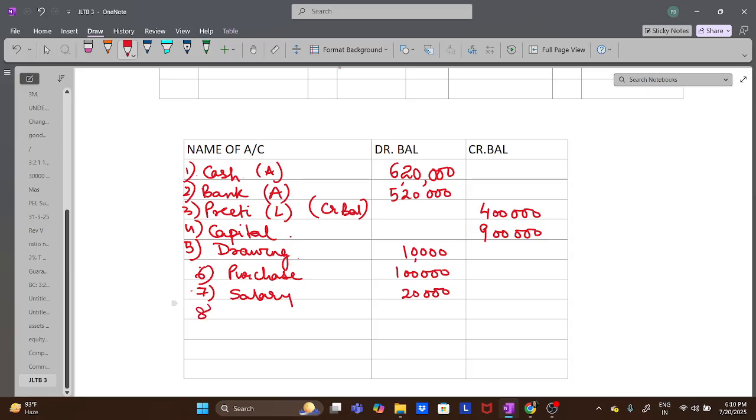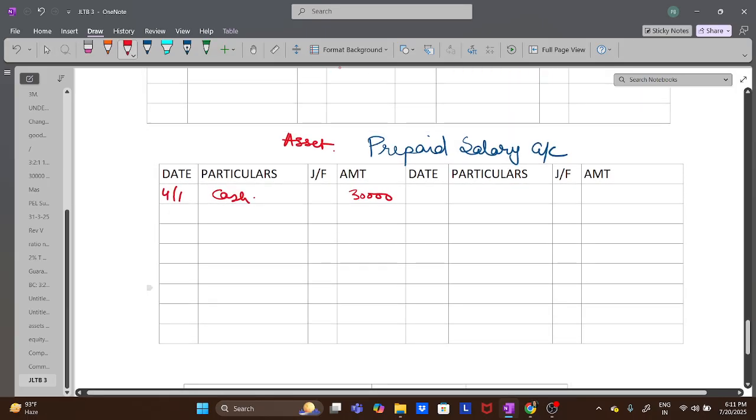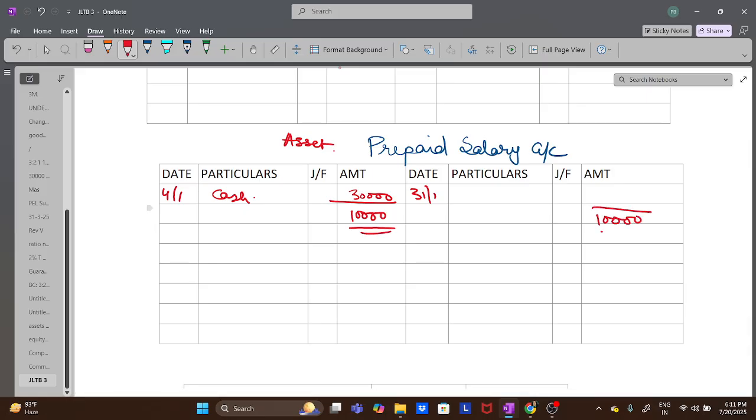Last ledger is prepaid salary. Prepaid salary is my asset. Let's close this ledger also. So 31st, the debit side is more in assets. Put the same total on both sides. Here we will write balance carried down. Why? Because this is my asset.